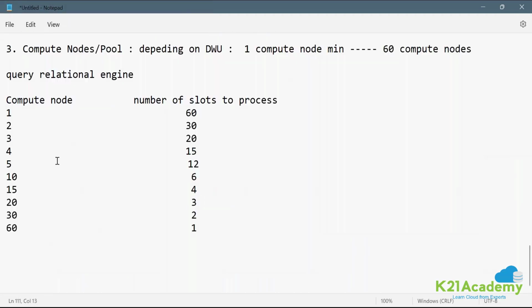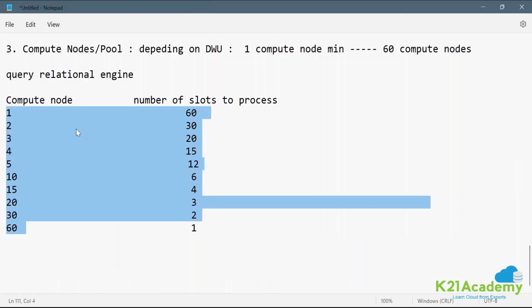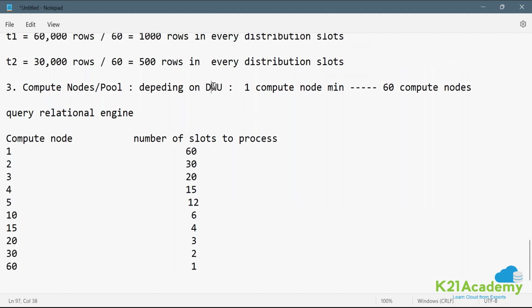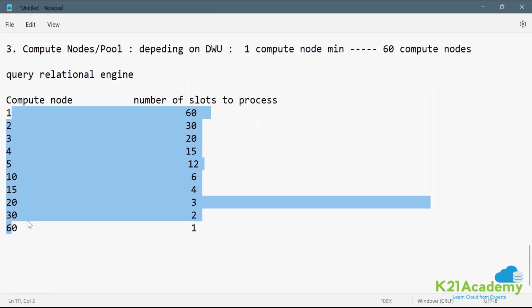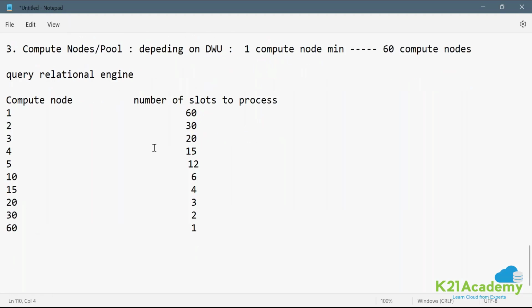Those buckets are then distributed to the compute nodes. Number of compute nodes depend on how much DWU you have purchased. Queries are executed by these compute nodes on these buckets. The result is given back to the control node. The control node assimilates and collates the result and gives it back to you. Parallel processing, distributed processing.